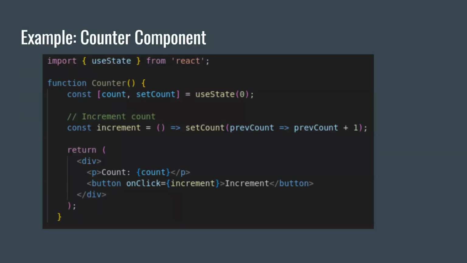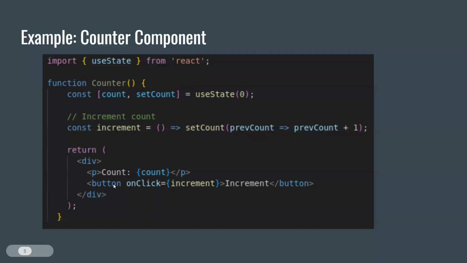Here is an example counter component. It's a functional component, and we can see that this counter component returns HTML, which contains a div and a paragraph that has the count.